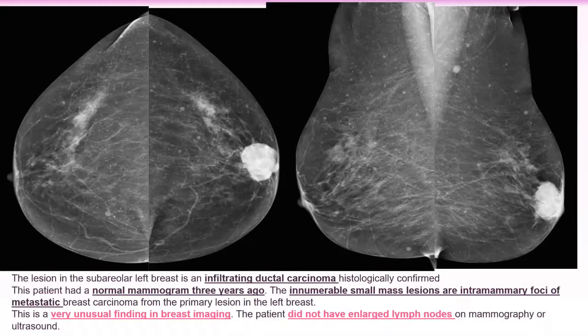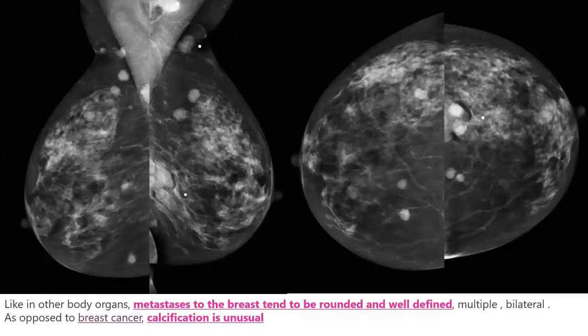The patient has no enlarged lymph nodes on mammography, and even on ultrasound has no axillary lymph node. This is another patient with bilateral metastatic disease.